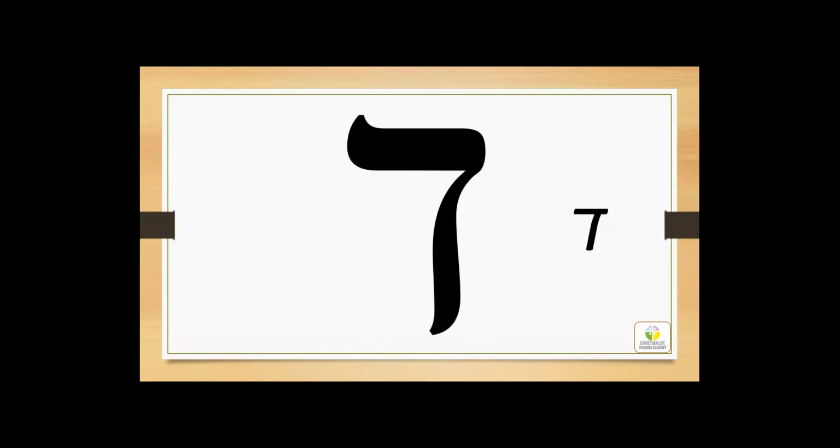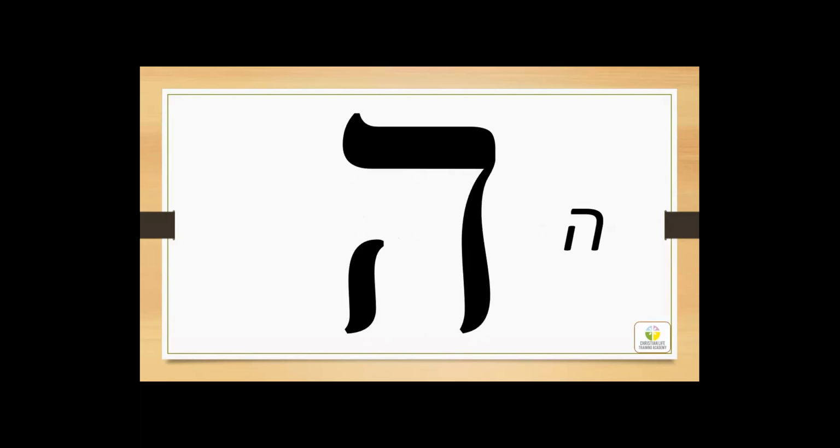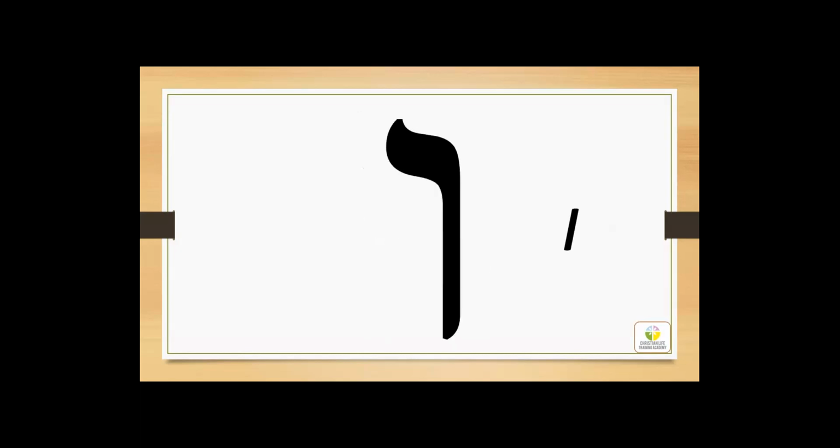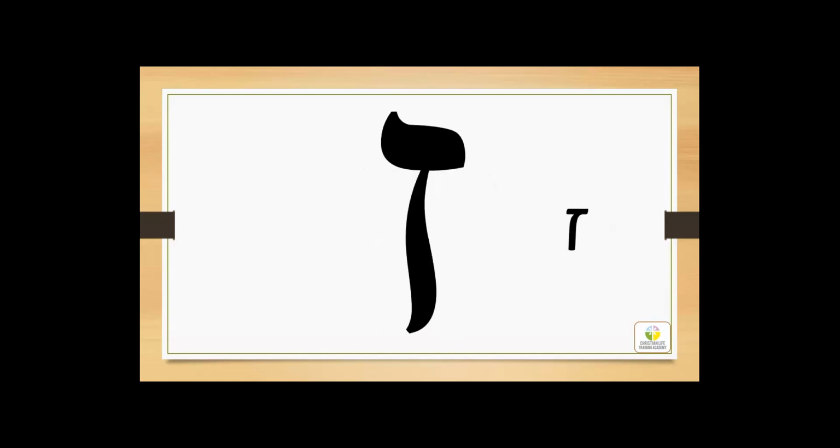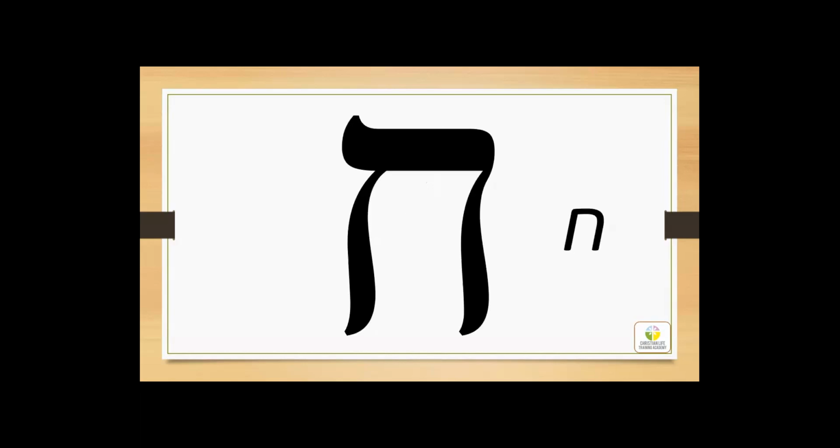Then it's Dalet. Then it's Hey. It's 5, okay? Vav. Zayin.